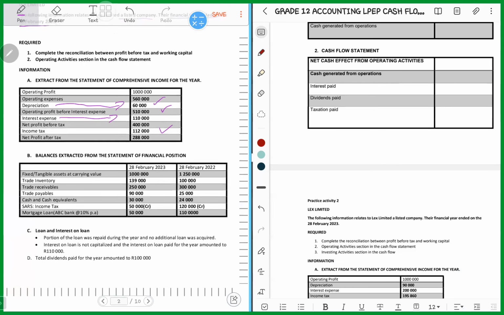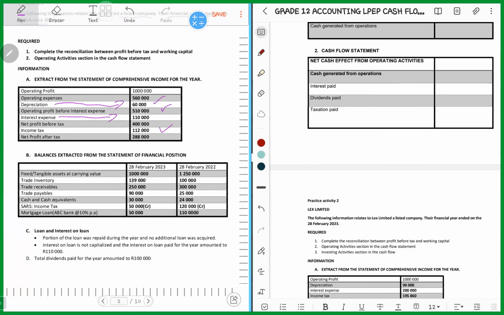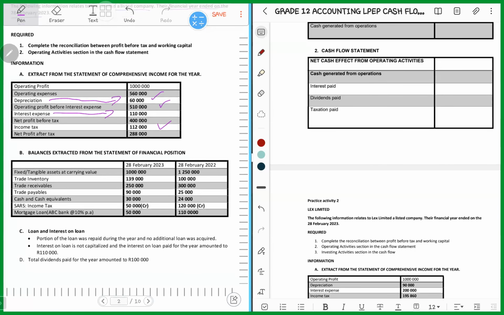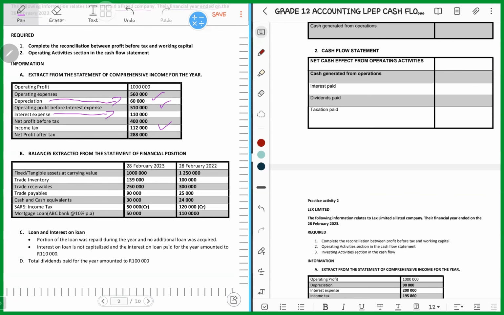Now, if you notice something here, we are given the fixed or tangible assets at carrying value. The previous year, it was 1,250,000, but currently it's 1 million. Now, this means that the fixed or tangible assets decreased during the year, meaning that they might have disposed of a certain portion of their fixed assets.